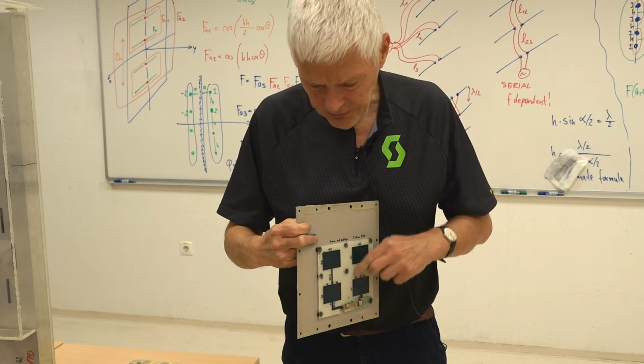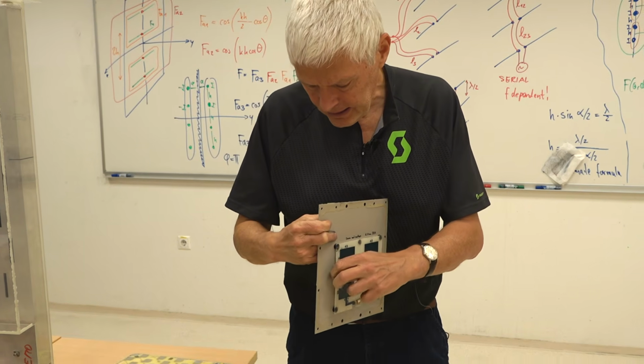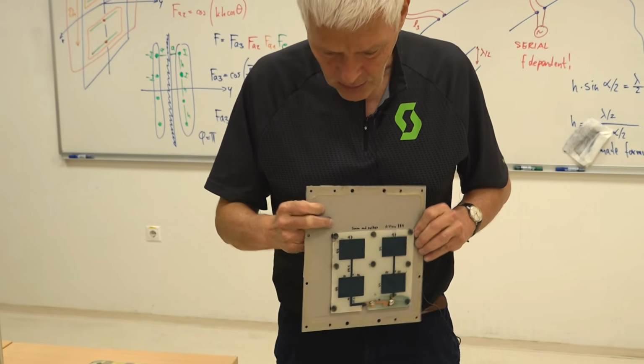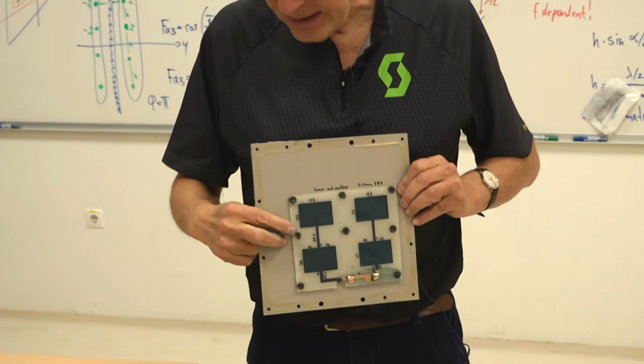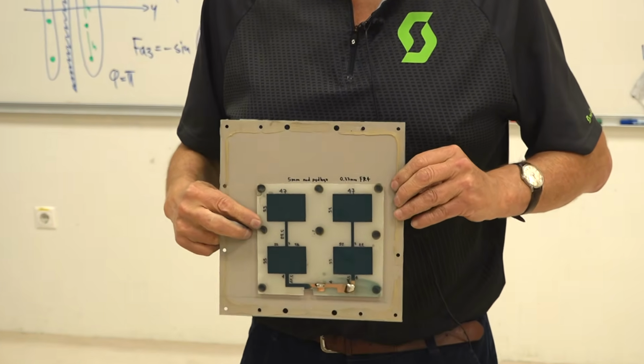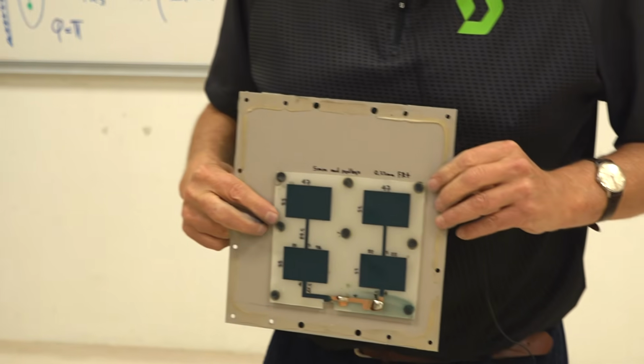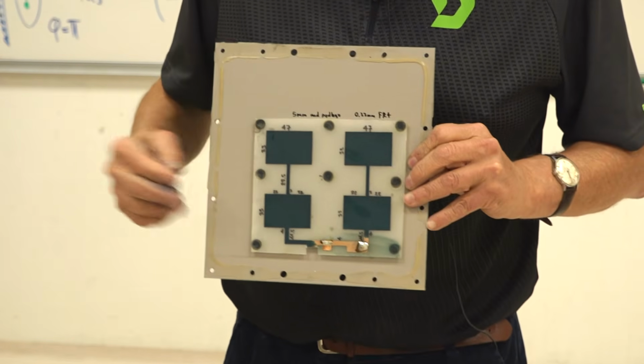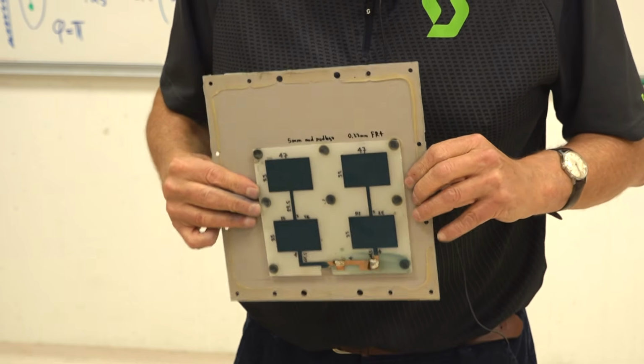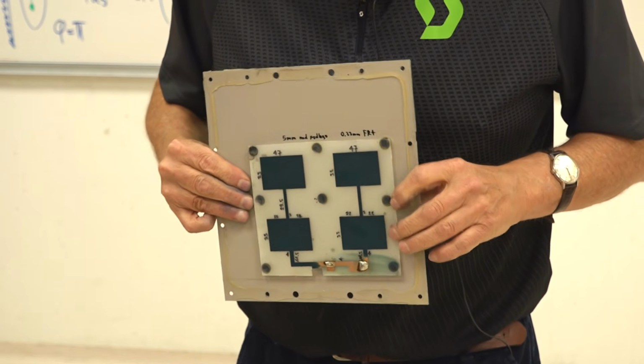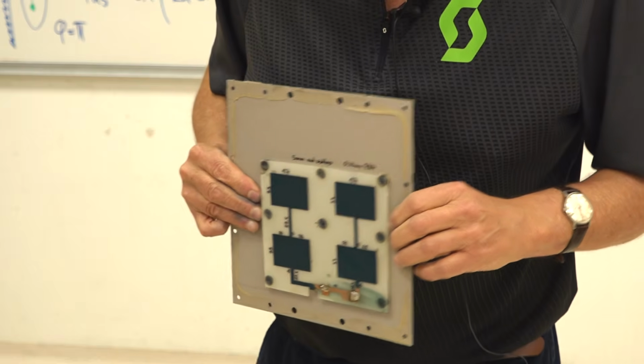So you see the FR4 only here is quite thin, and you have air down here. Why do you have air in place of FR4? Because air has much lower losses than FR4. So in order to keep losses down, this was such a complicated design with FR4 very thin and air down.